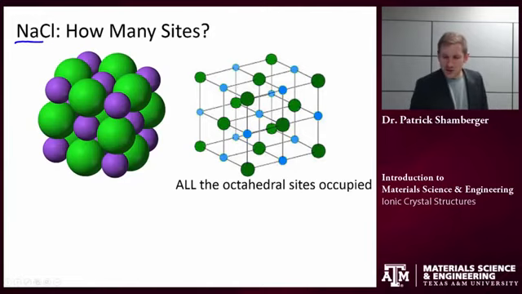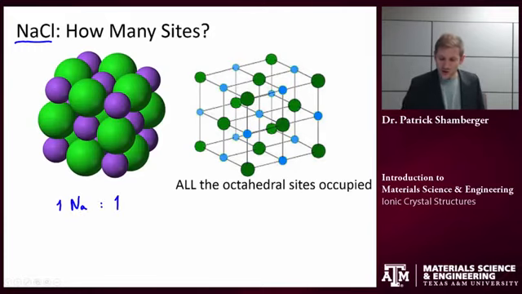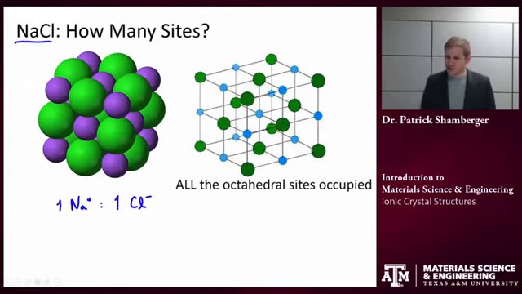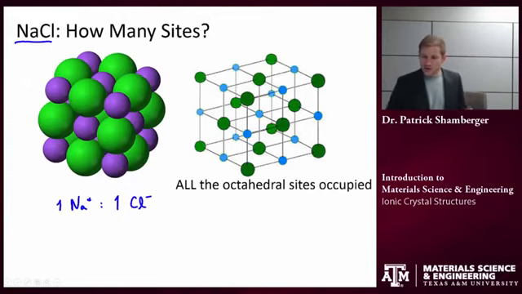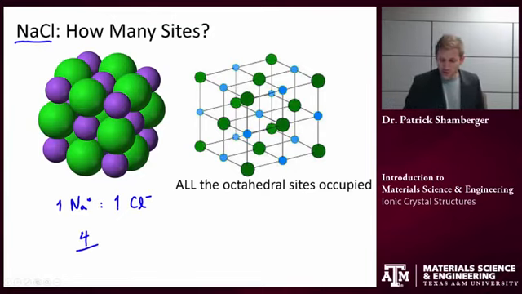And that comes down to the stoichiometry of the solid. So we know that we need 1 sodium for each 1 chlorine that we have. So let's look at the FCC lattice again. In 1 unit cell, we have 4 atoms of chlorine.